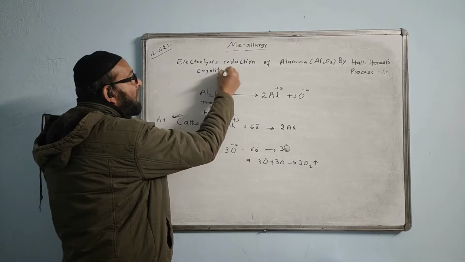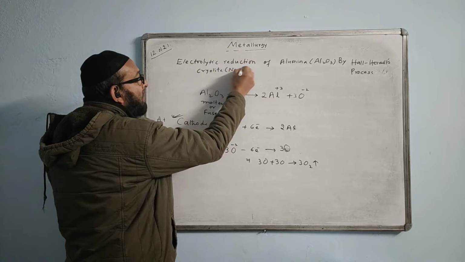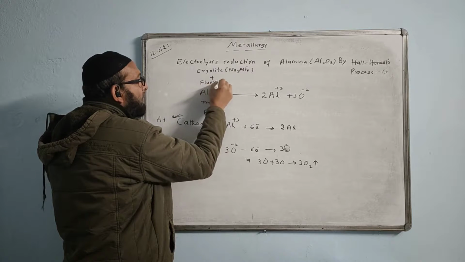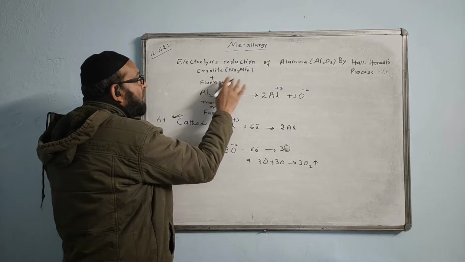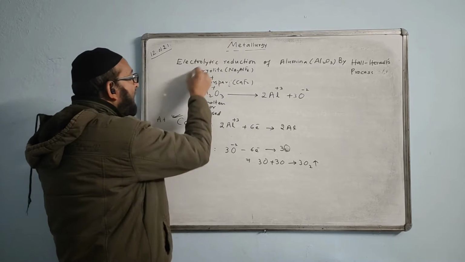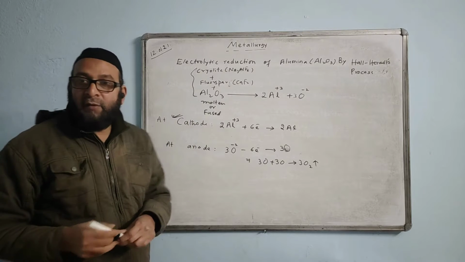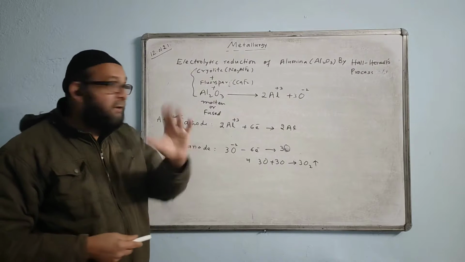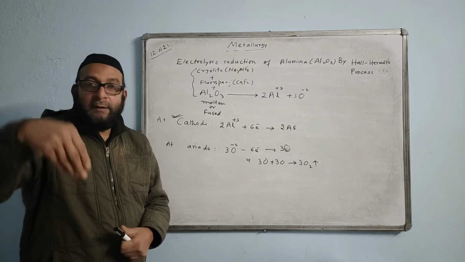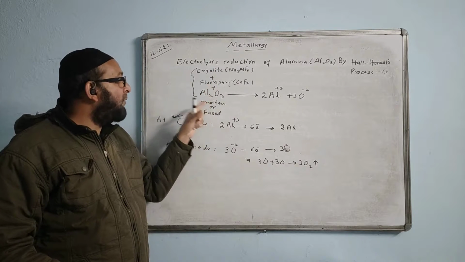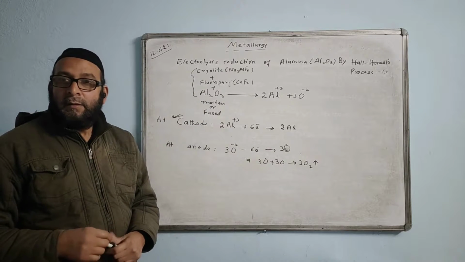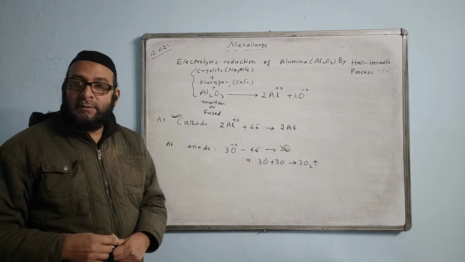Cryolite is another ore of aluminium, that is Na3AlF6, and also fluorspar, whose formula is calcium fluoride. You have to take the electrolyte in the form of a mixture. Don't take it alone. There will be a problem otherwise. You have to add cryolite and fluorspar with the alumina and then do the electrolysis.